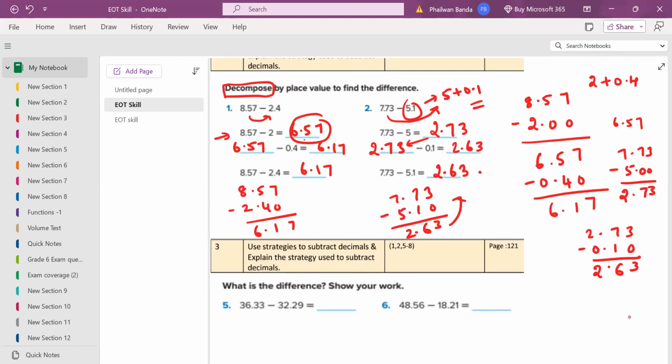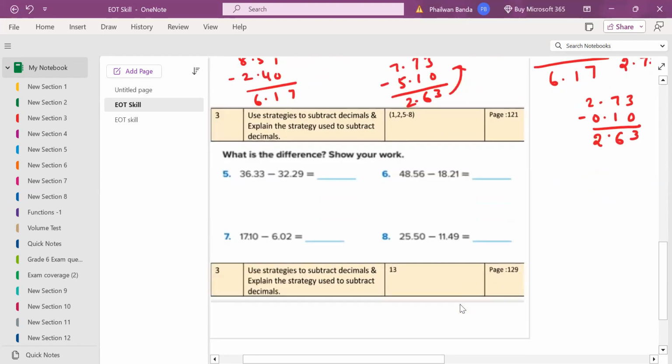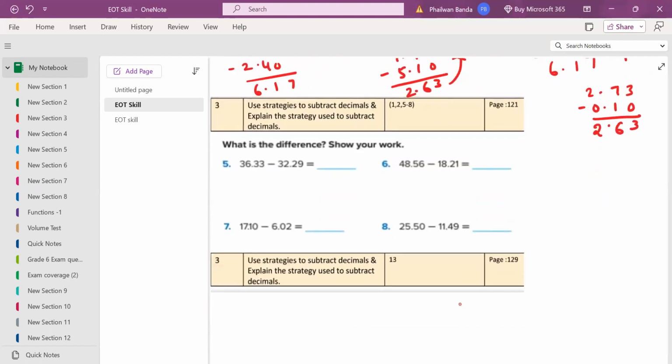Okay, now again, what is the difference? Difference, that is, subtraction. Show your work. So how will you show your work? This 36.33 minus 32.29. Now be careful when you're showing your work. Now you have to subtract 9 from 3. You can't do that because 9 is a bigger number than 3. No problem.